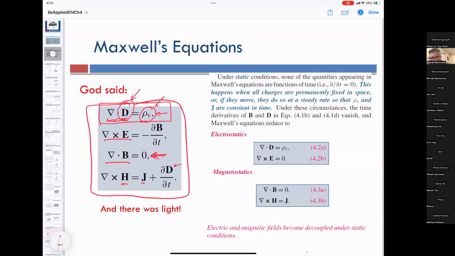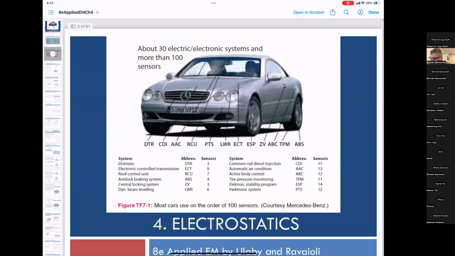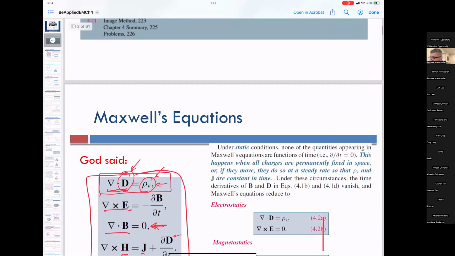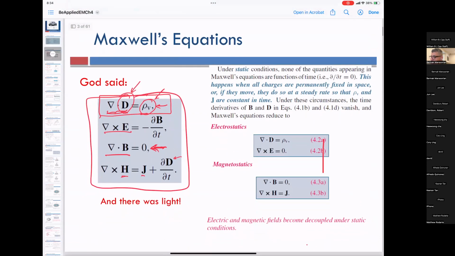Okay, so now after having said that, let's look at all these four equations, which are the sum total of the electromagnetic equations. And remember, we're talking about something called electrostatics. Static means something that doesn't change with time.